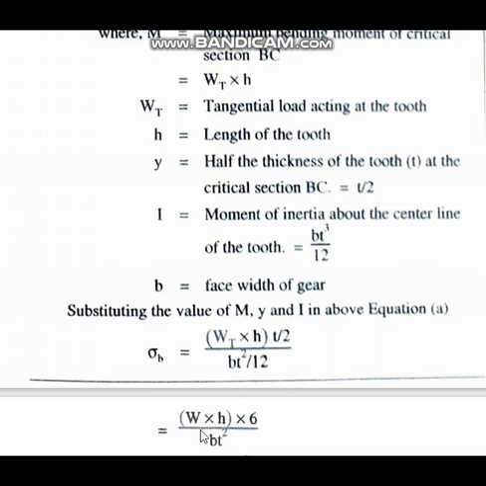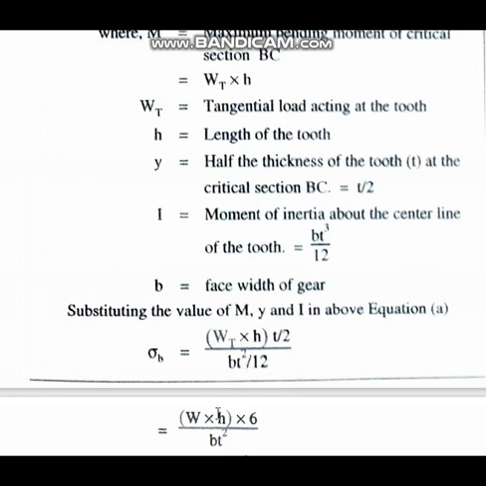Okay, now let us simplify. W into h, you keep it as it is. This 12 and this 2 will result in 6, because you have to reverse this 12, since it is in the denominator of the denominator, so it goes up. Okay, this is 6, and this 1 t cancels, so t square will remain, so bt square.